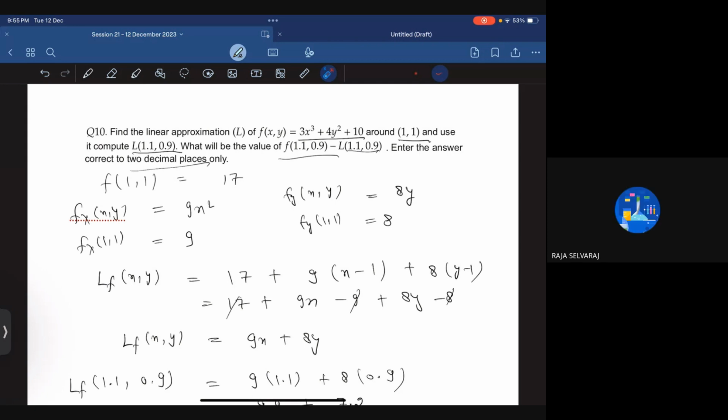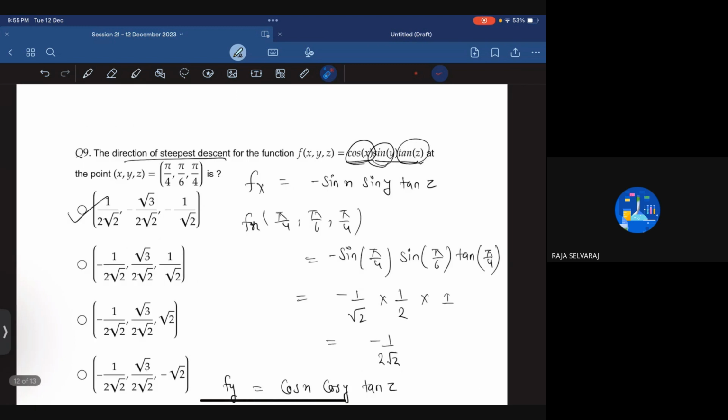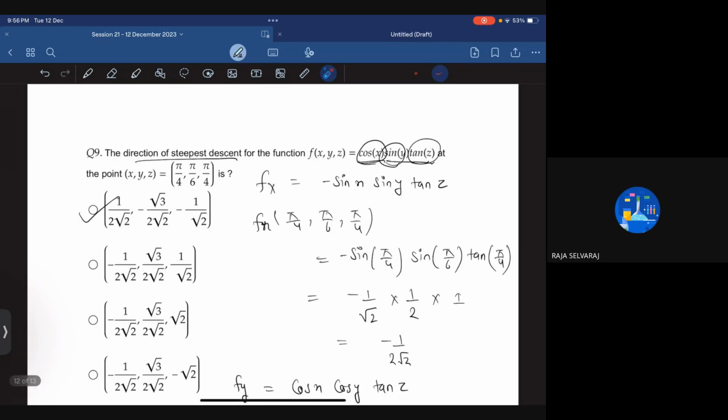Sir, can you just go to question number 9? Sir, the definition says the direction of steepest ascent, we need to find the unit vector, right? Delta f divided by the norm of delta f, right? Okay, just a second.